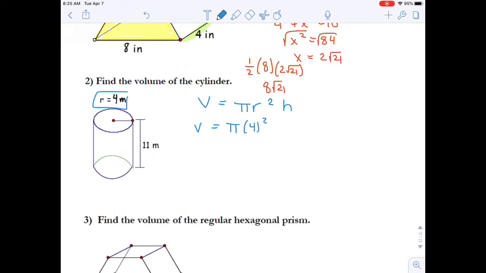And our height there is 11. So they're very nice to us. They gave us both of those pieces right away. Okay, 4 squared is 16 times 11 gives me 176, and we're going to leave this in terms of pi. So 176 pi meters cubed, because again, volume is 3 dimensions.